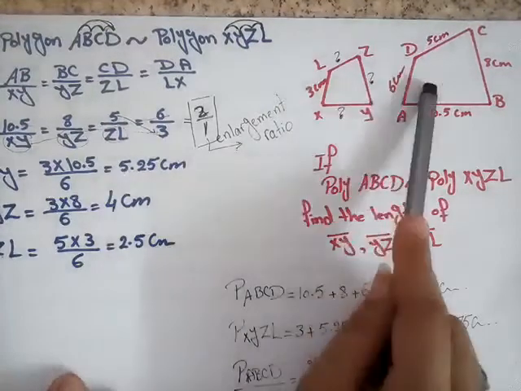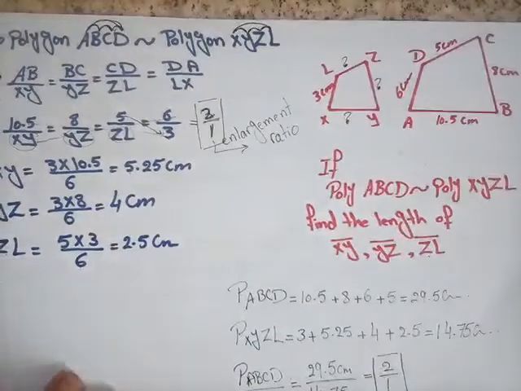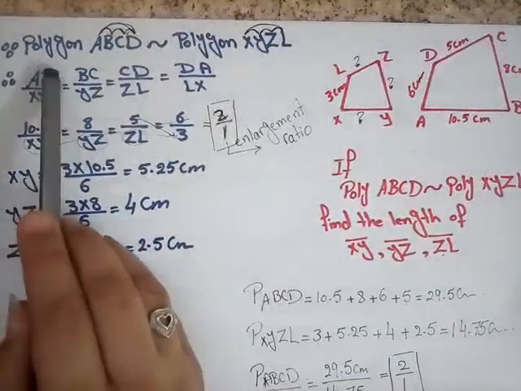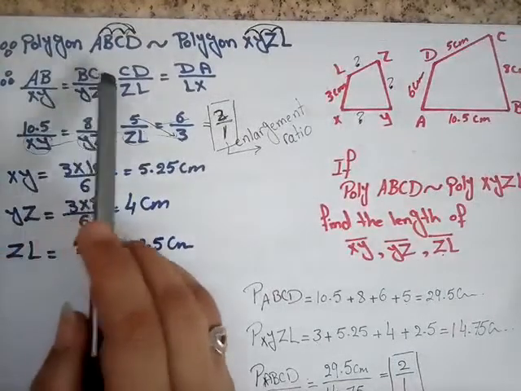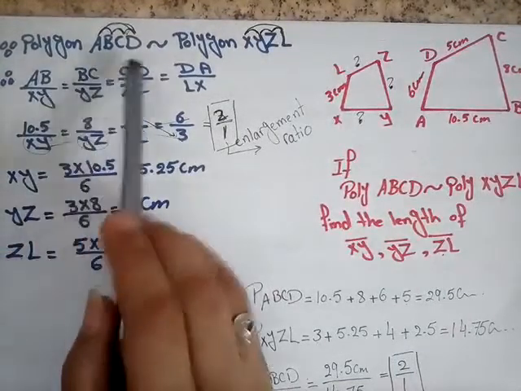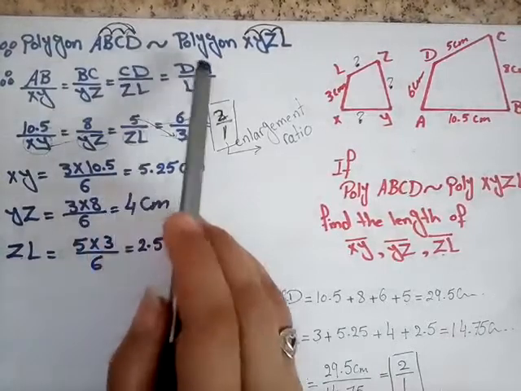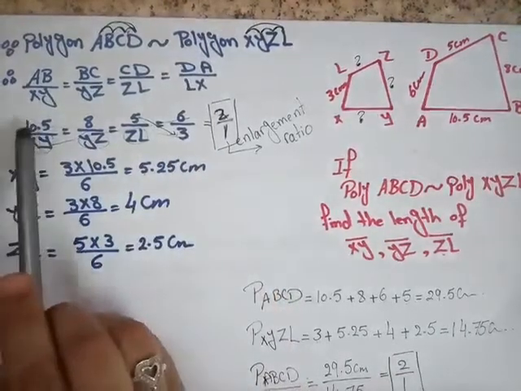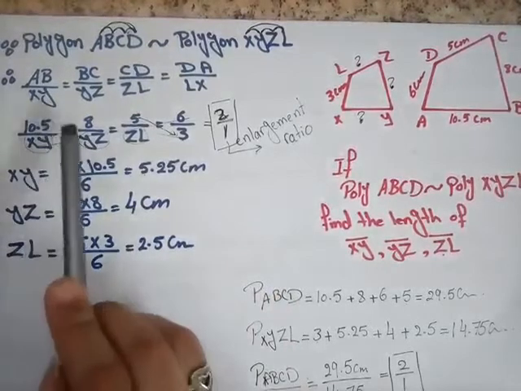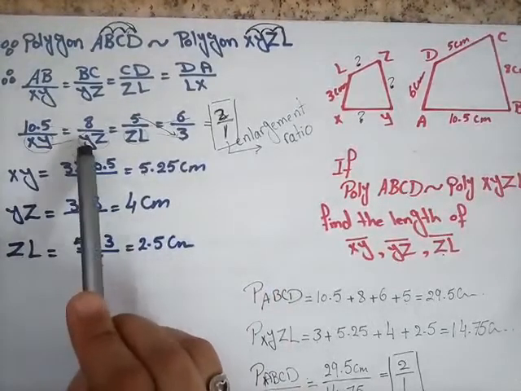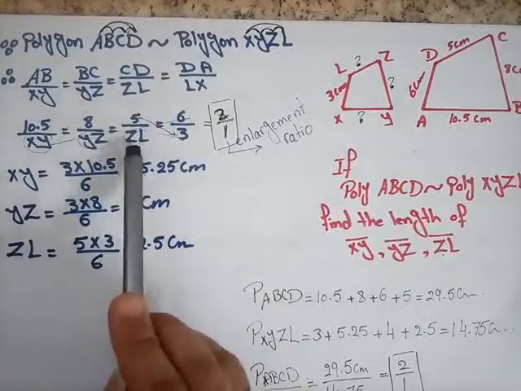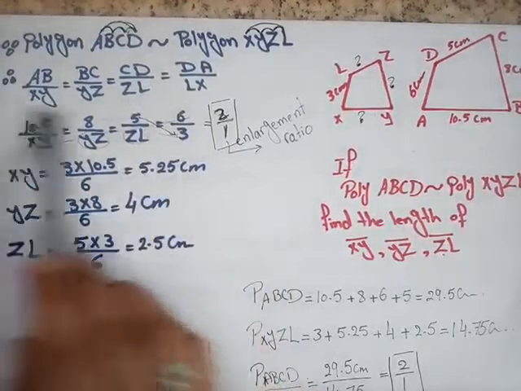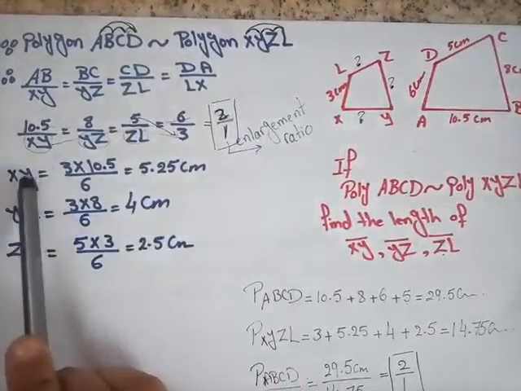Here we don't have any information about the angles, so we can write the proportional sides as AB over XY equals BC over YZ equals CD over ZL equals DA over LX. 10.5 over XY equals 8 over YZ equals 5 over ZL equals 6 over 3.